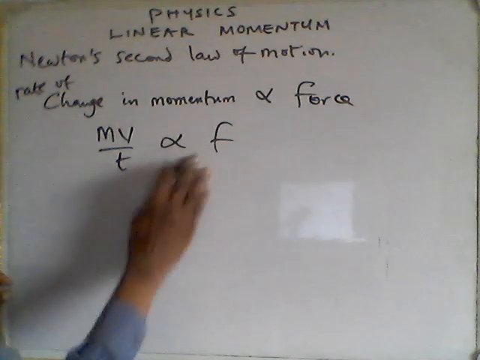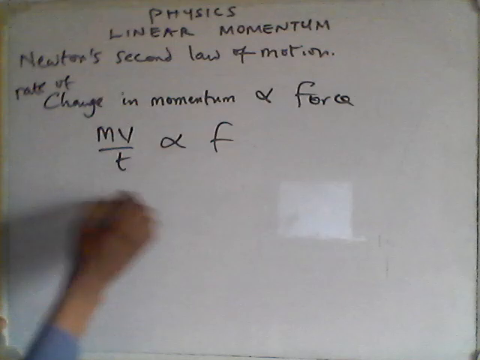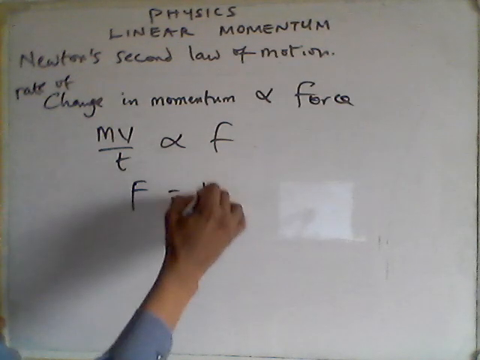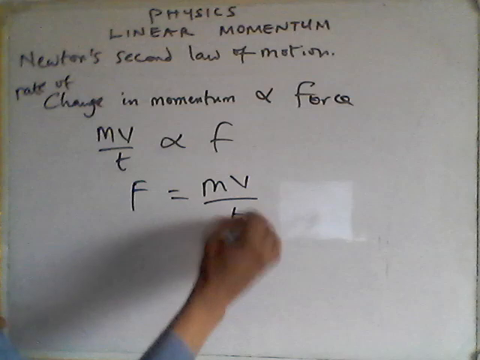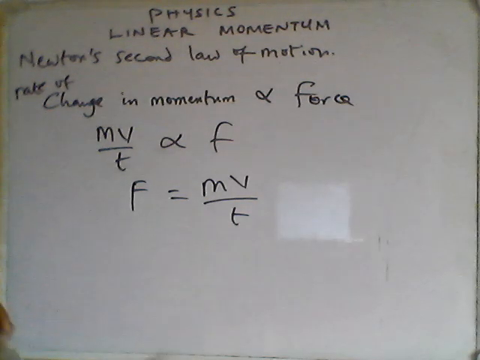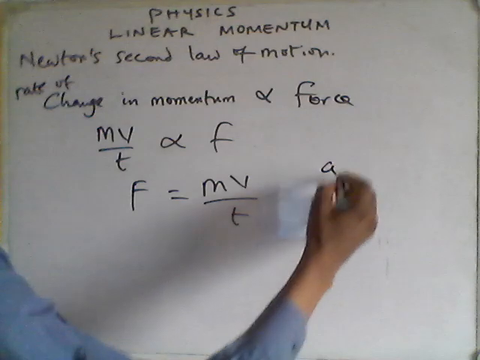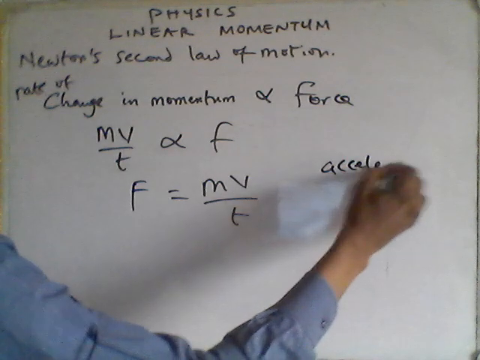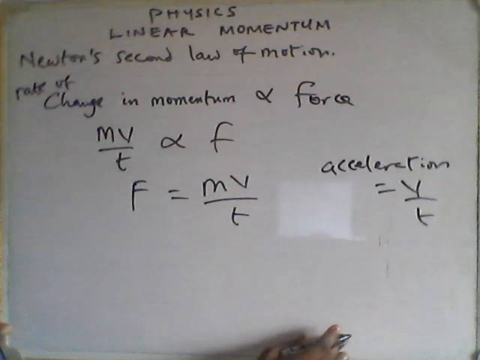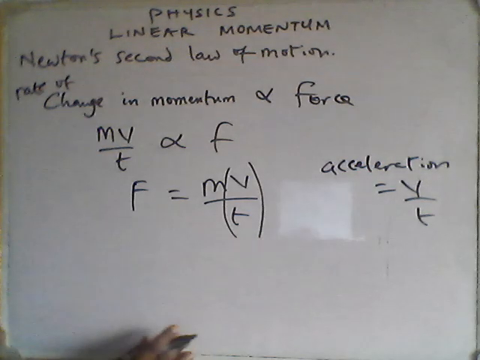Now, if the proportionality sign is removed, I can flip it. So F is equal to mv over t. But recall in your analysis of linear motion, we know that acceleration, A, is the rate of change of velocity per time. So this component is the acceleration component.